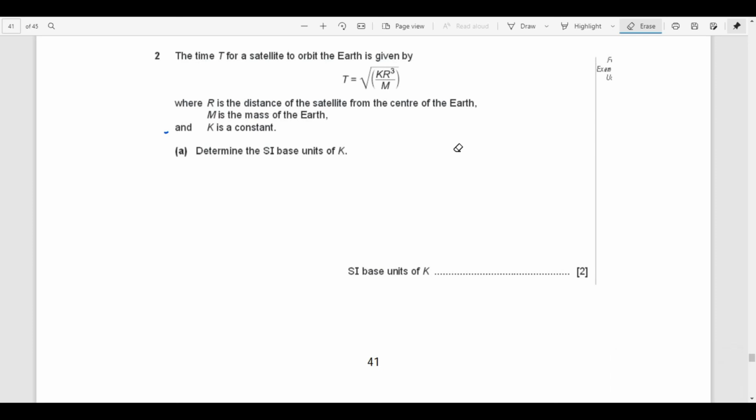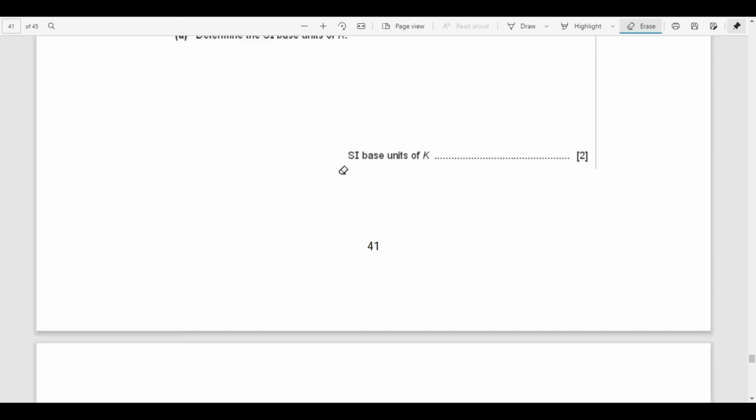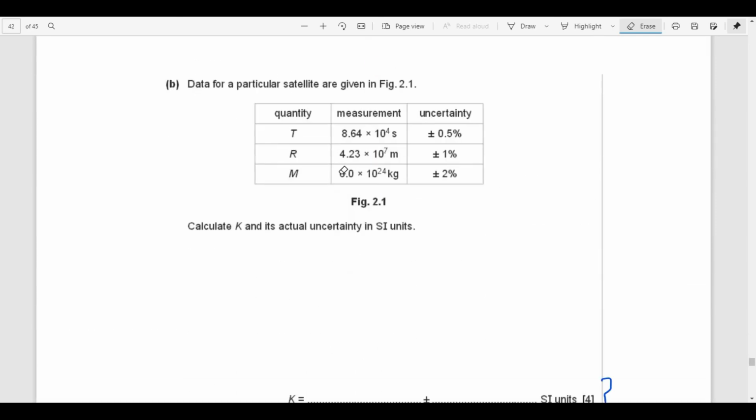When you are calculating the value of K and its uncertainties, make sure that you consider the power of 10 as long as you are calculating the value of K.